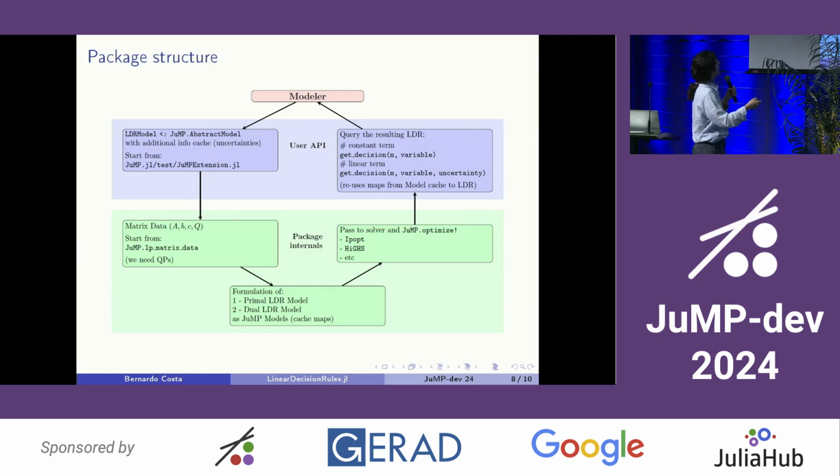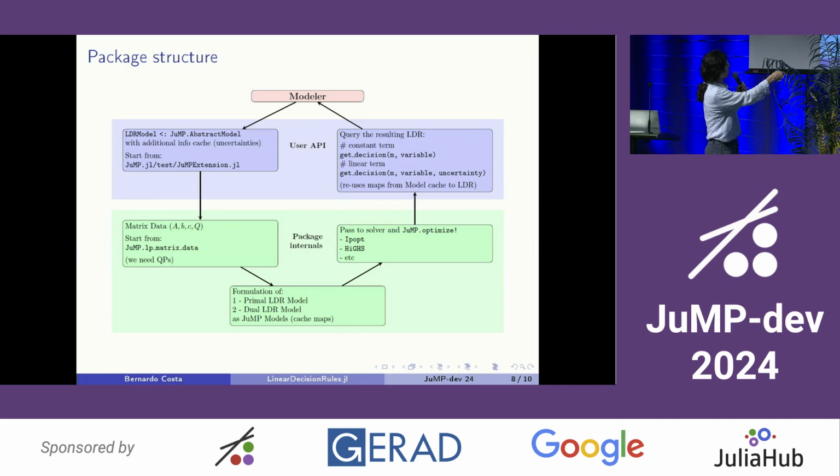It's using a JuMP extension. And then we extract from here the matrix data of your problem, so A, B, C, and Q. Q is the quadratic form for the quadratic problem that you have. It looks a lot like LP matrix data, right? It's probably very much copy-pasted from there, and then we added this quadratic part.